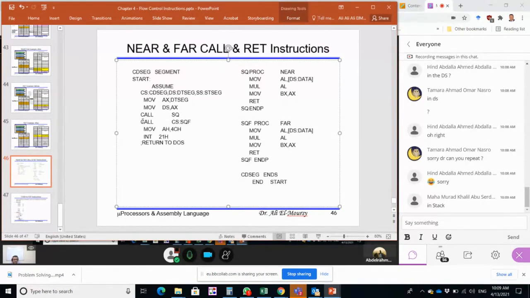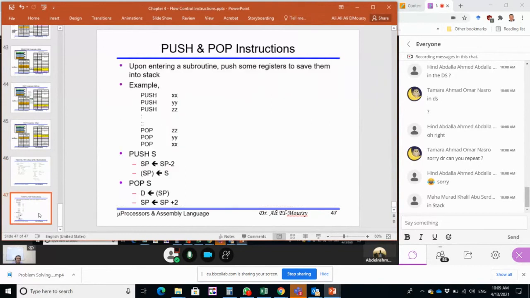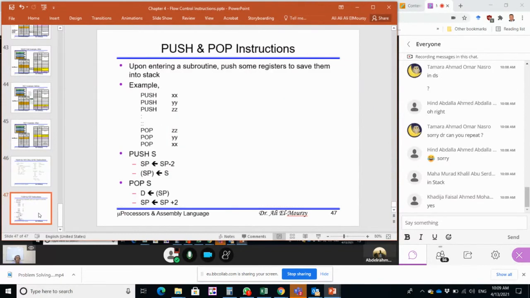Agree? Make sense? Everyone clear? The last slide in this chapter talks about a recommendation. Before you do call and return, remember something: the subroutine that you are calling may not be written by you. You have a big project and you give each subroutine to one programmer to program.